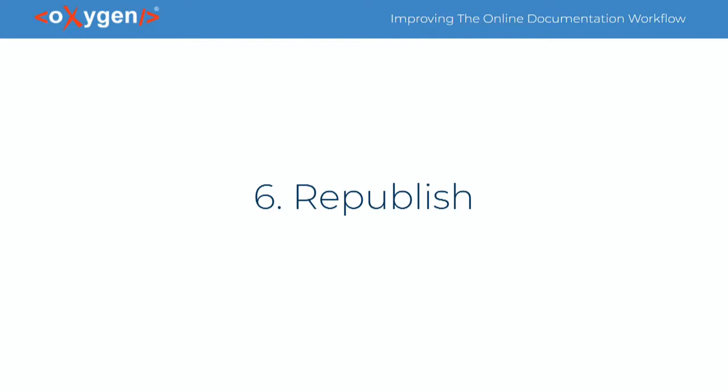You can use Oxygen publishing engine to automate this process by configuring it with a continuous integration server that can react to every commit on your Git repository, and the continuous integration job can run a small script to republish that content.